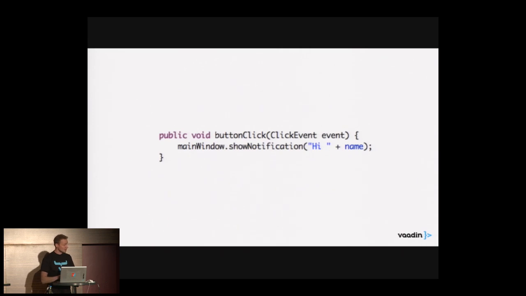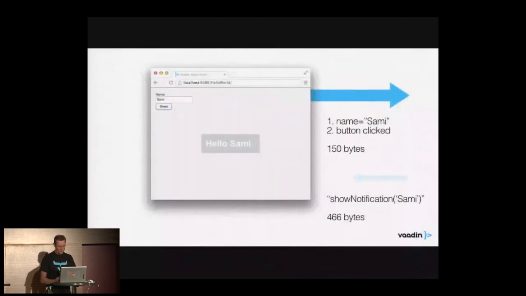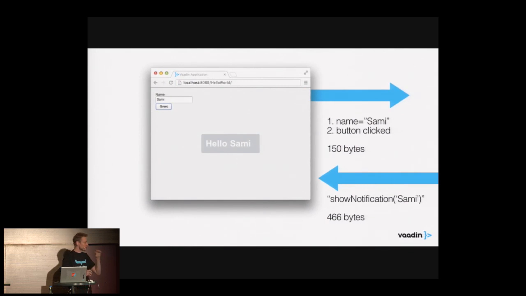The server code gets executed, so this is your business logic, very simple in this case, only showing a notification. And that gets returned to the client, and again, very little data. So we are not talking about a huge amount of data you are passing back and forth with Vaadin. Only the bootstrap is larger, but that's one time, and you can cache that if you want to.